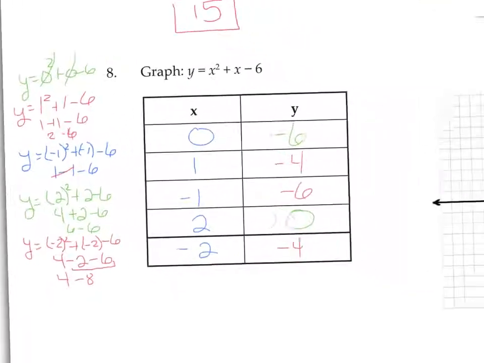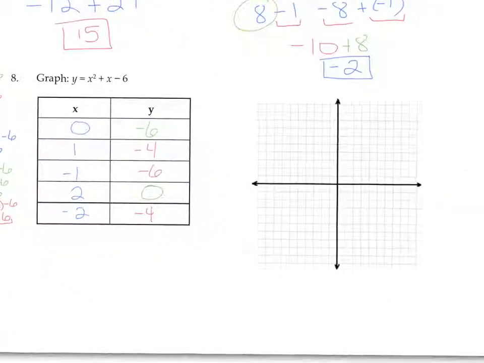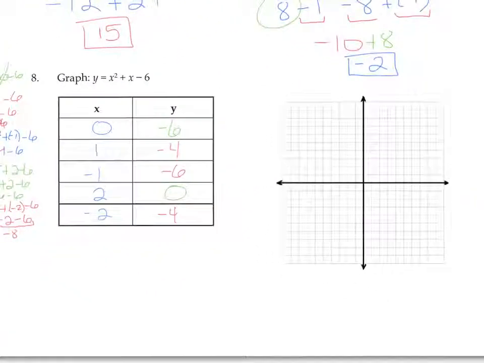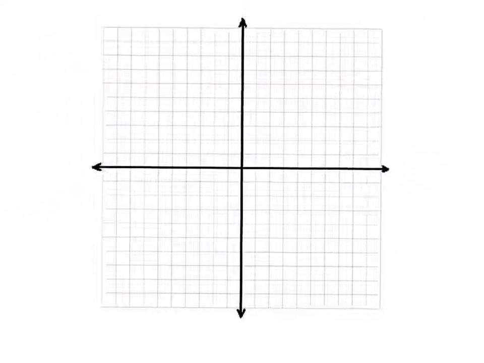All right, let's go over here to our graph. All right, the first point we're going to put on our graph is 0, negative 6, so that will be down here. One, 2, 3, 4, 5, 6, right there.